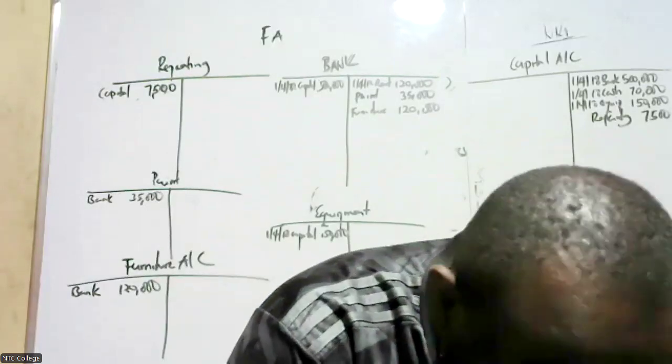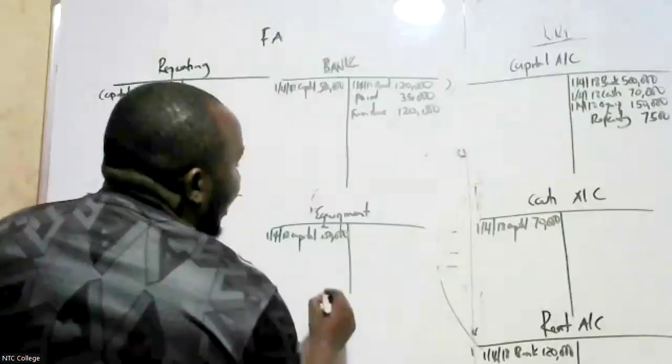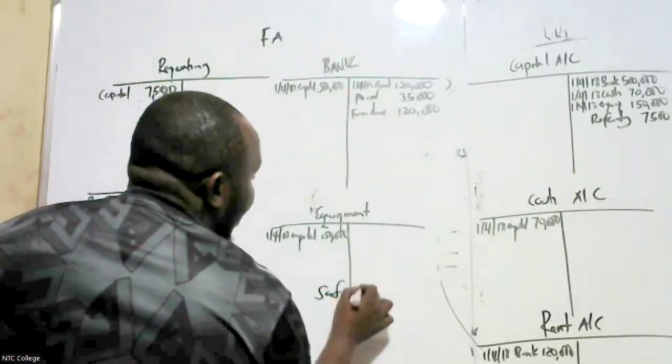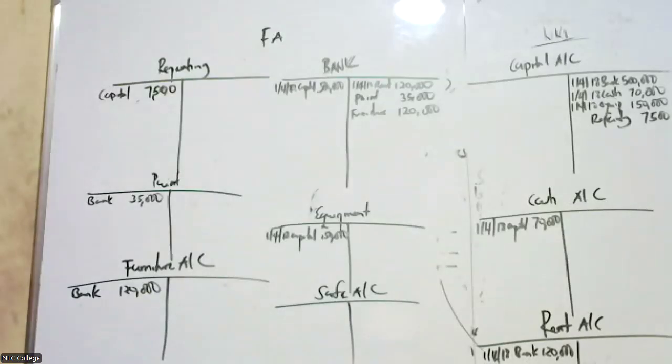We open a safe account and debit it, and then credit bank with that equal amount. Maybe safe is not a fixed asset. We will get to know.